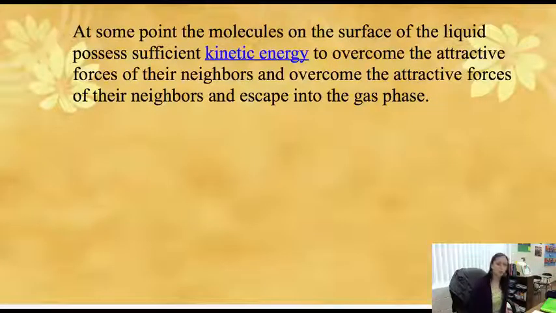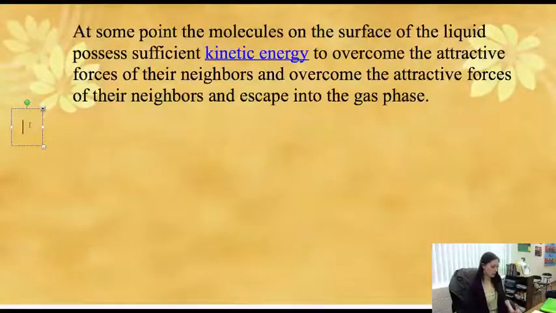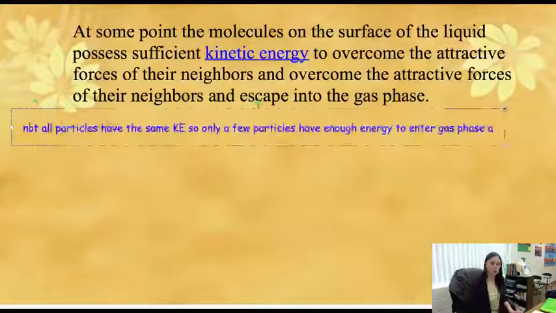Now at some point, molecules on the surface of your liquid possess sufficient kinetic energy to overcome the attractive forces of their neighbors and escape into the gas phase. But not all particles have the same kinetic energy, so only a few have enough energy to enter the gas phase from the liquid.